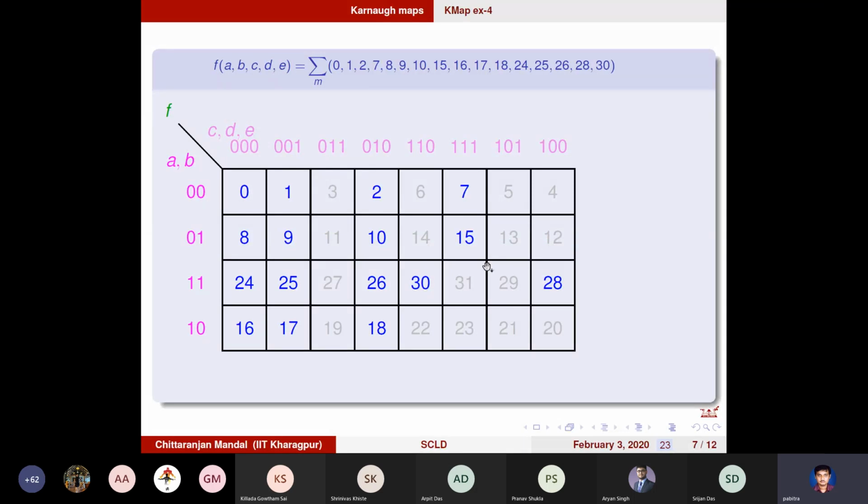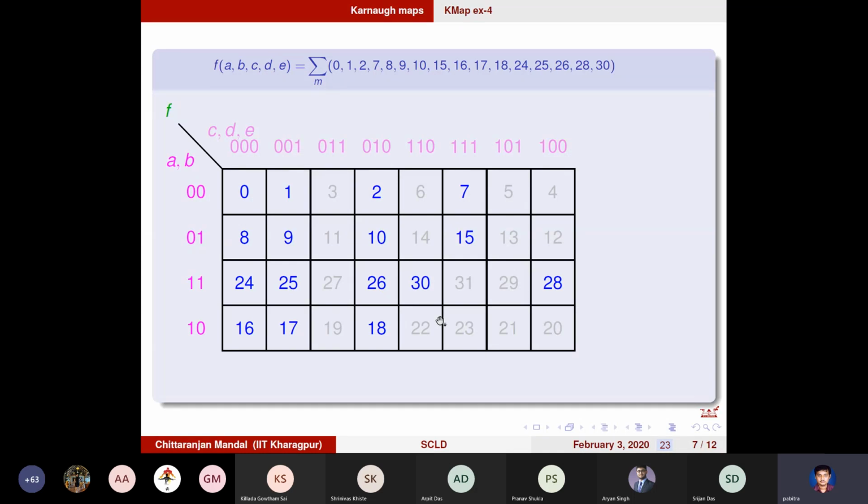So this can also help you form large cubes. For example, you can see that those are not the true minterms here, but 2, 6, 10, 14, 26, 30, 18, 22 can as well form a cube.